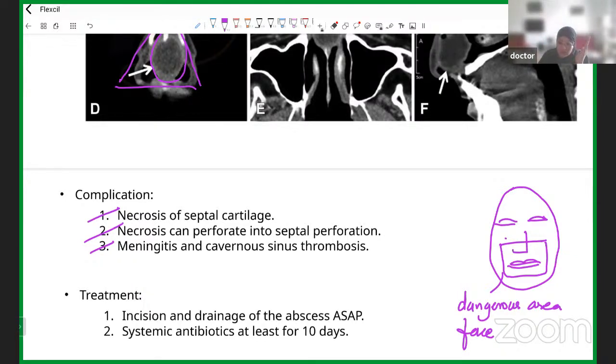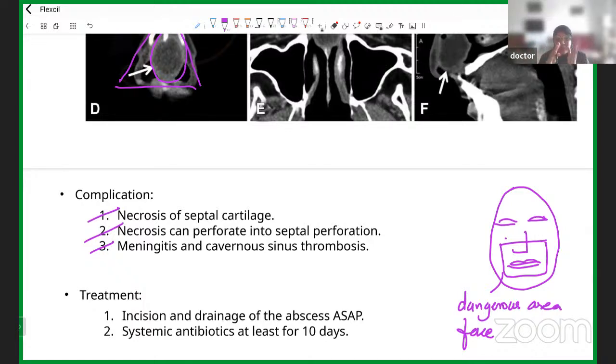So any infection in any of these parts, your lower nose, your upper lip, or the sides, can lead to cavernous sinus thrombosis or meningitis. Now, this is very rare these days because we have a lot of antibiotics and the patients are much more aware. Even if they have a cold, they approach the ENT hospital. So this is very rare, but yes, this is a complication of septal abscess.